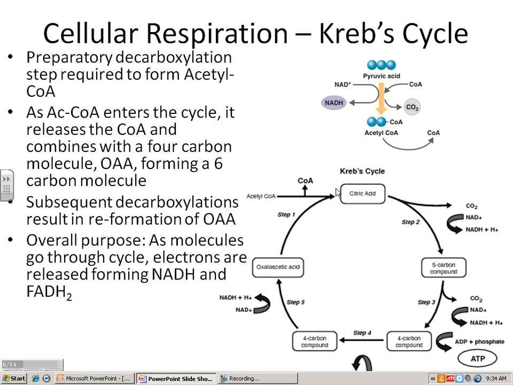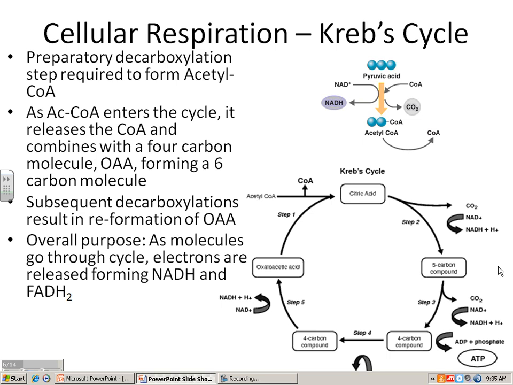Now we go into the Krebs cycle. In the Krebs cycle, you have a molecule combined with acetyl-CoA. You go through the cycle, and you make the original molecule again. What is the purpose of the Krebs cycle? Why do we want to keep it going? Forming NADH. What does NADH do for us? Carries what?